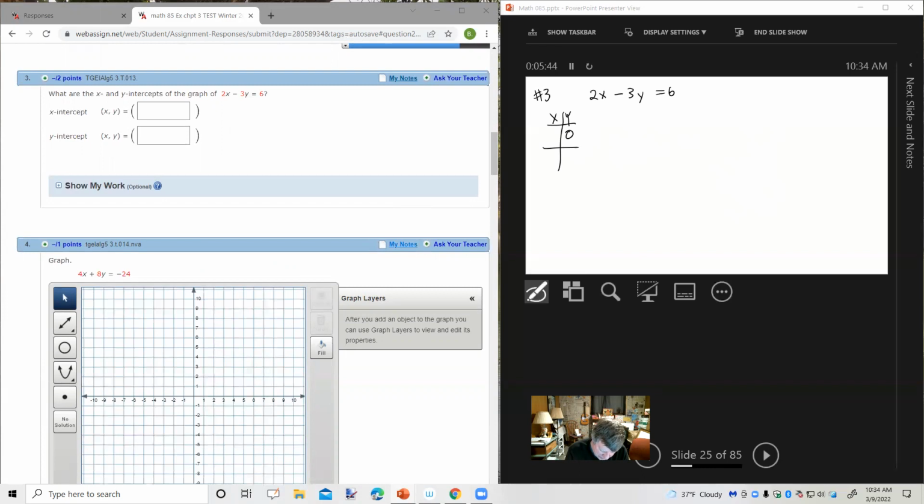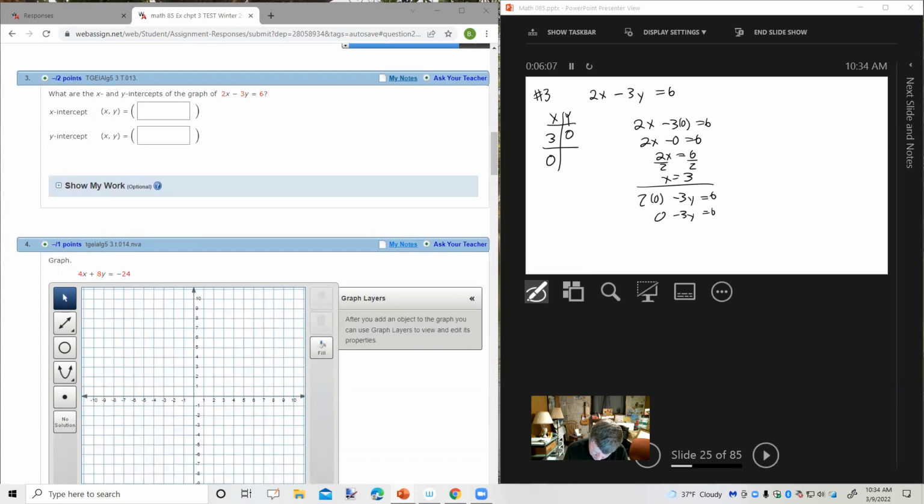To find the y-intercept, we set x equal to 0. If y is 0, we get 2x minus 3 times 0 equals 6. 2x minus 0 equals 6. 2x equals 6. Divide both sides by 2. x equals 3.